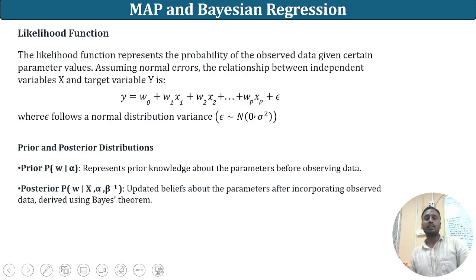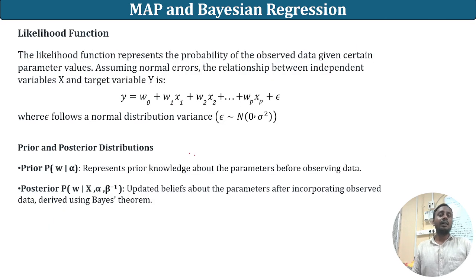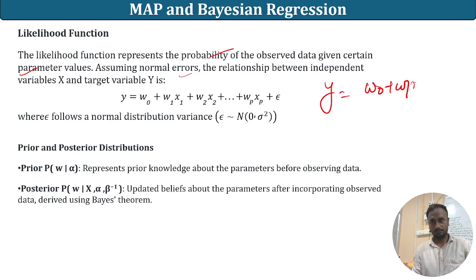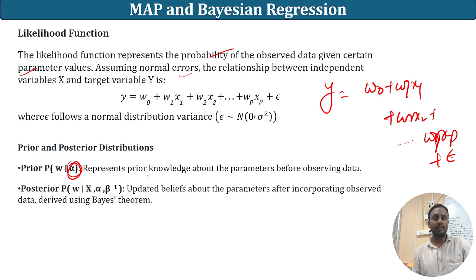So what is the likelihood function? The likelihood function represents the probability of the observed data given certain parameter values. It assumes normal error in the relation between the independent variable x and the target y. Alpha represents the prior knowledge about the parameter before observing the data.